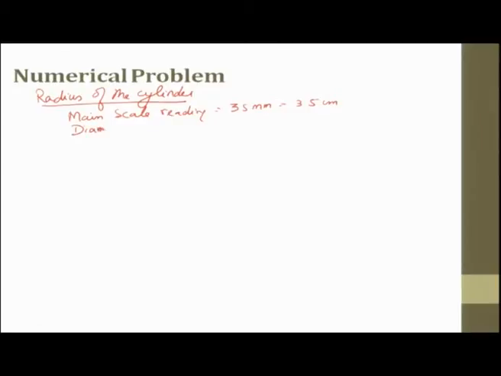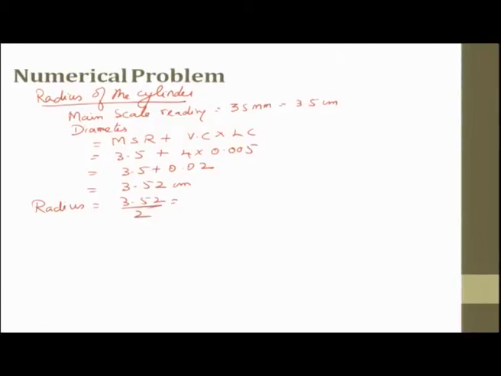The diameter is equal to main scale reading plus vernier coincidence into least count. So, this is 3.5 plus 4 times 0.005, which is 3.5 plus 0.02. So, this is 3.52 centimeter. We are asking for the radius, and what you get here is the diameter. So, 3.52 by 2 is 1.76 centimeter.